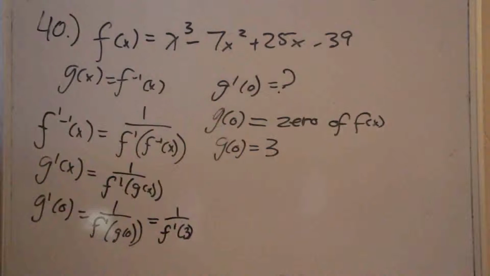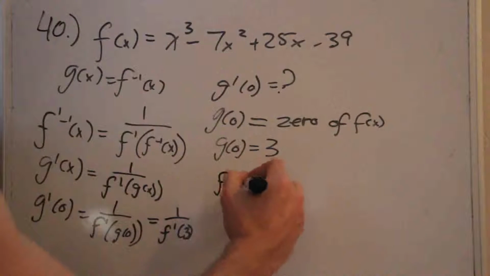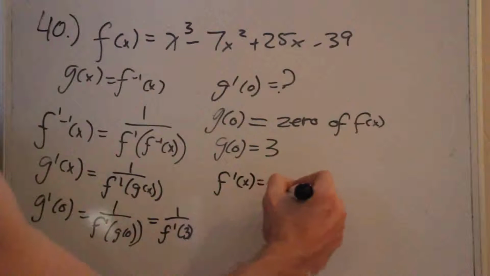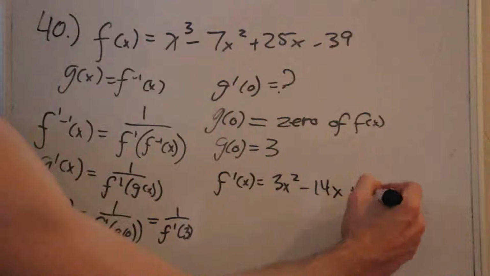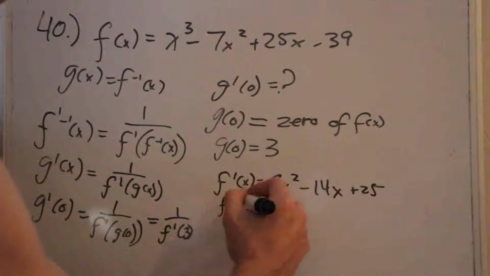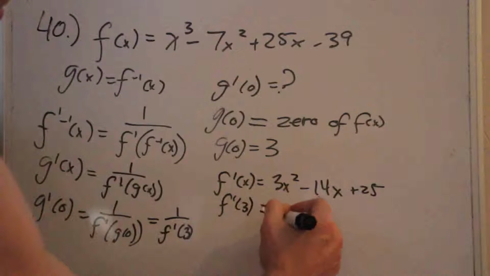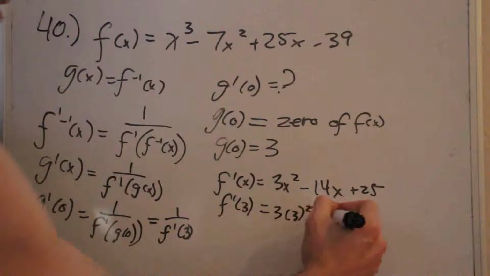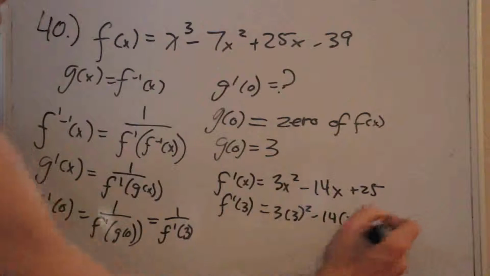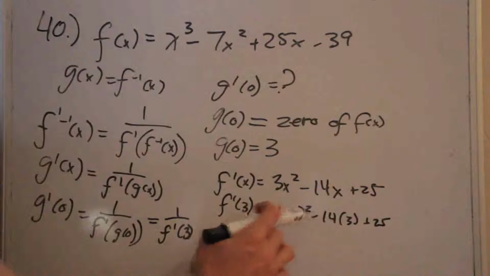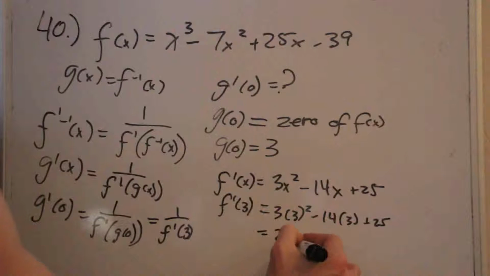Well, I'm not quite out of the woods yet, because clearly I need to find f prime of x. Well, f prime of x is fairly straightforward. It's just 3x squared minus 14x plus 25. f prime of 3 then is equal to 3 times 3 squared minus 14 times 3 plus 25. 3 squared is 9 times 3 is 27.